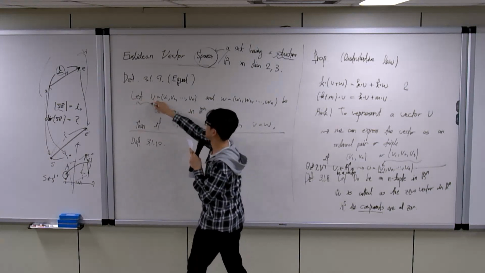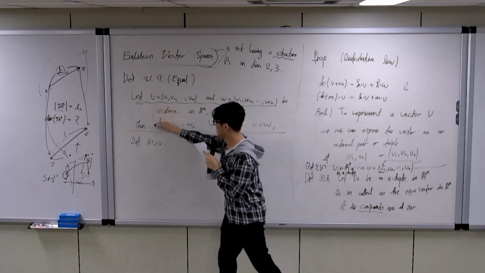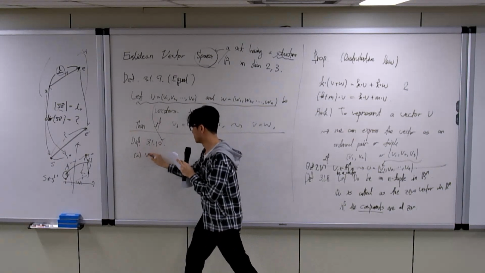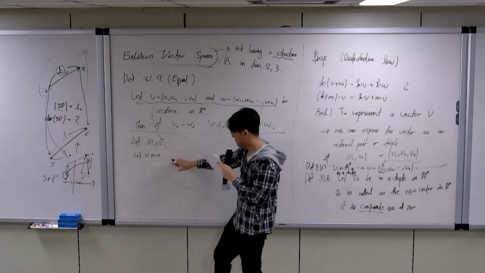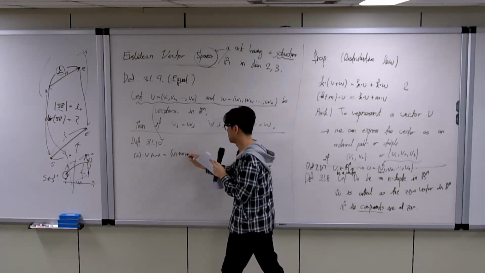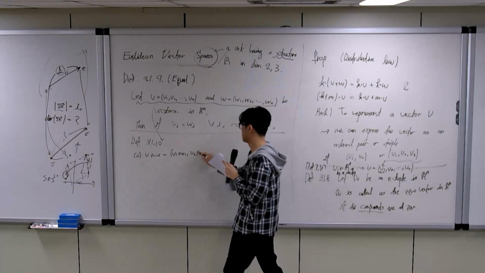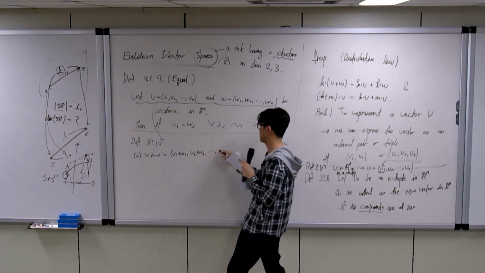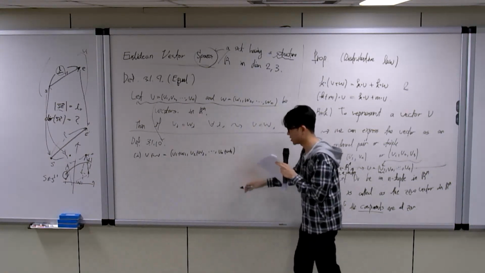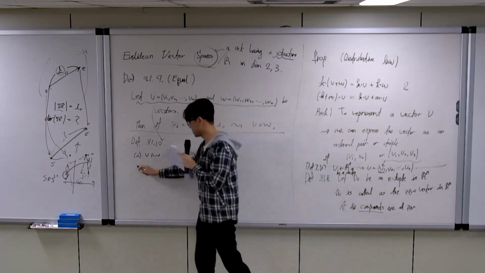I will use the same notation. Let me define the addition of two vectors as the addition of each component.